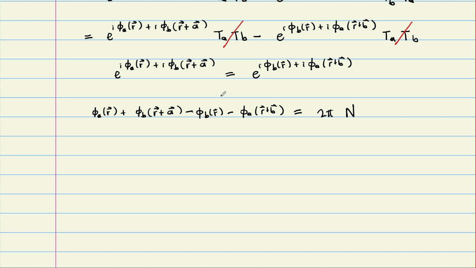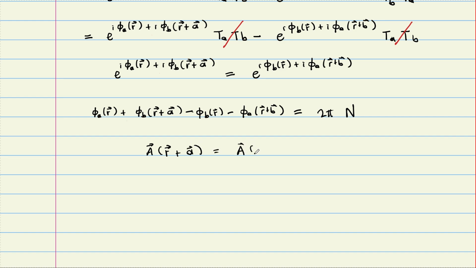Now we need to play with this a little bit to see something physical out of this. These are at the moment not something we can relate to. So let me remind you, this A of r plus a is a gauge transformation.